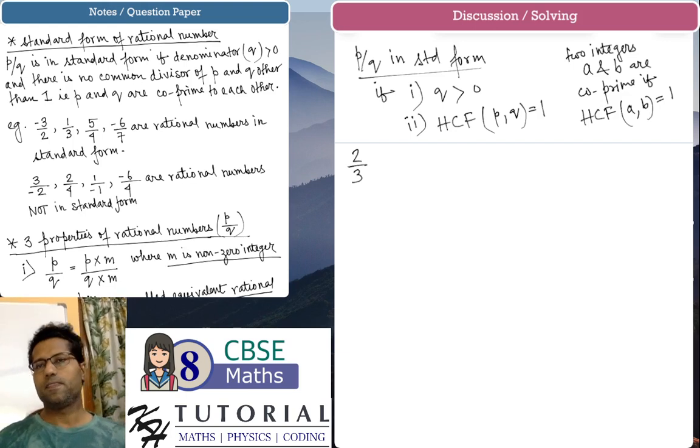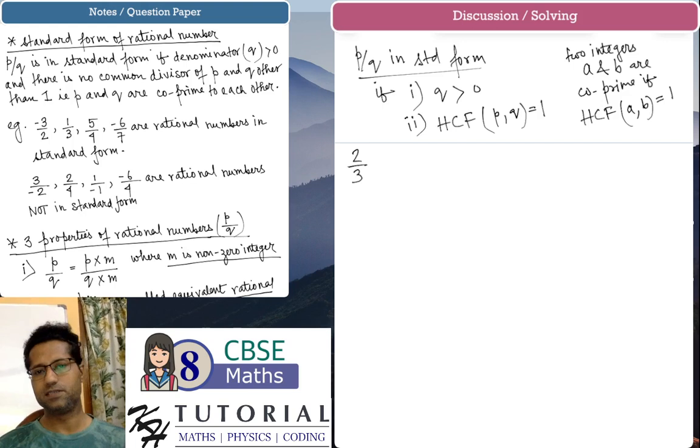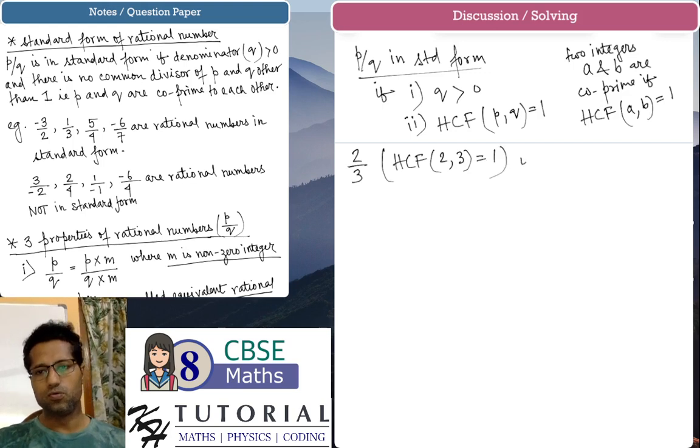And if in a given rational number we see there is no common divisor between P and Q, that is, the HCF of P and Q is 1, then it is already in the standard form. In this example 2 by 3, this is already in standard form because we can see clearly that HCF of 2 and 3 is equal to 1. So 2 by 3 is in standard form.